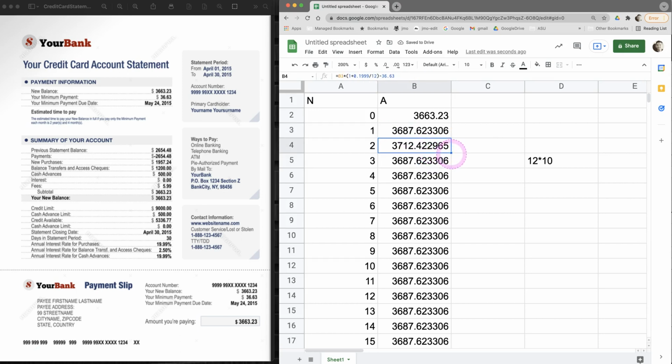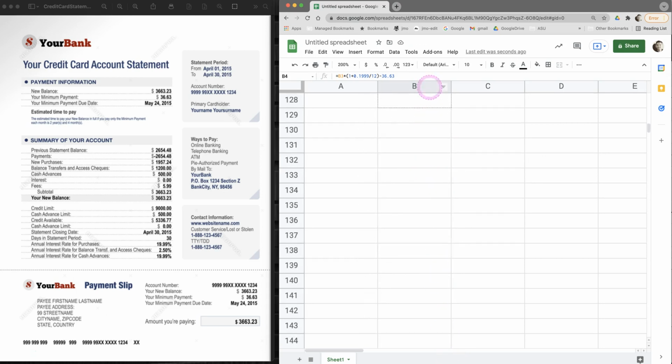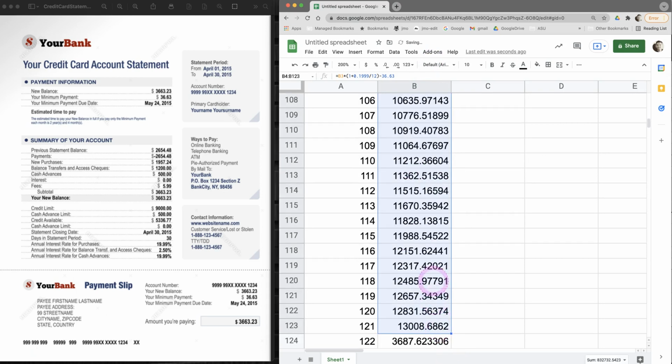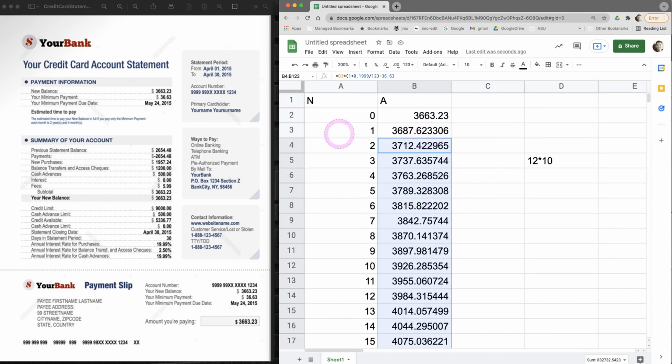And you can see that we have a problem here, that every month we're not paying enough money to beat the interest. So the amount that we owe after 10 years has gone up to $13,000. Okay, and that's because this $36.63 is not enough to lower the amount that we owed that's earning 19.99% interest.